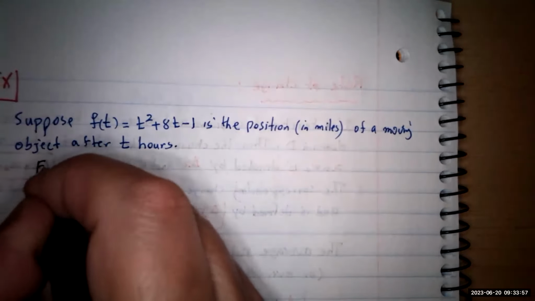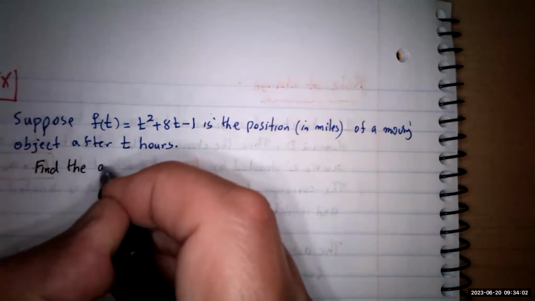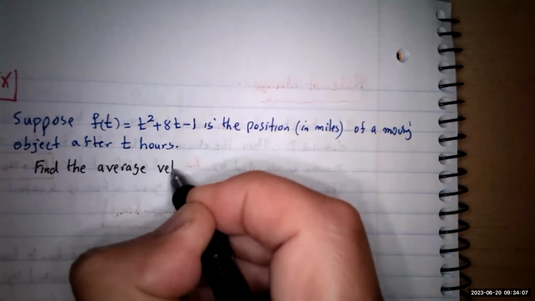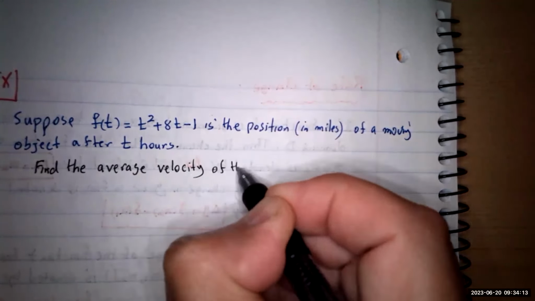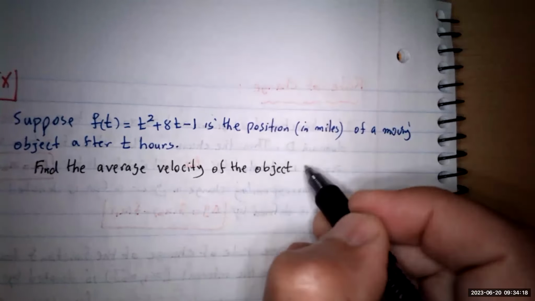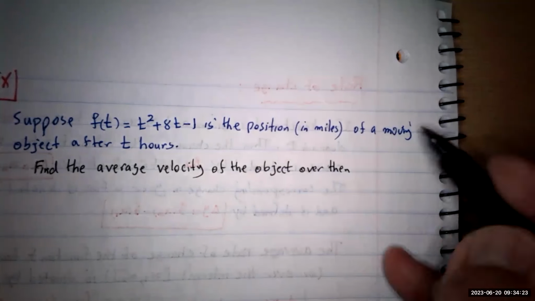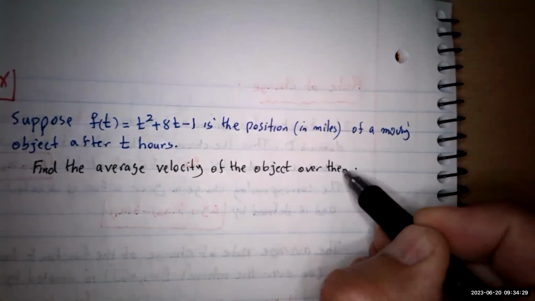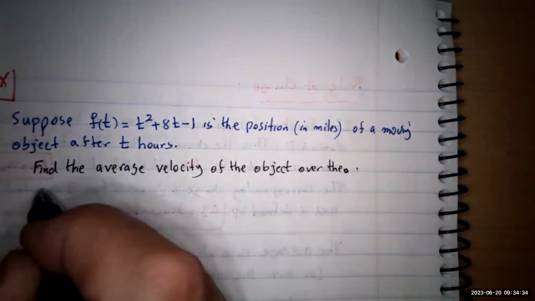So we would like you to find the average velocity of the object over the interval written here.